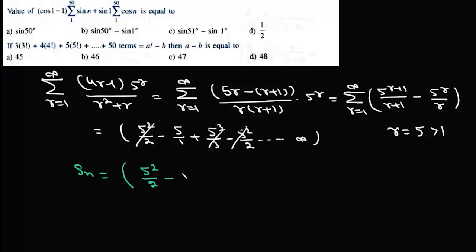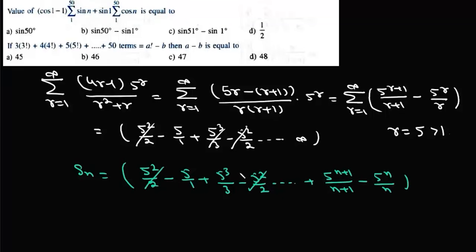Now the sum of n terms will be 5 square by 2 minus 5 upon 1 plus 5 cube by 3 minus 5 square upon 2 up to 5 to the power n plus 1 upon n plus 1 minus 5 to the power n upon n. Now these terms will cancel.